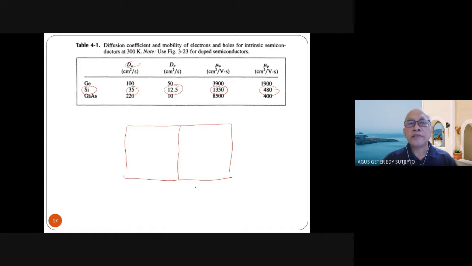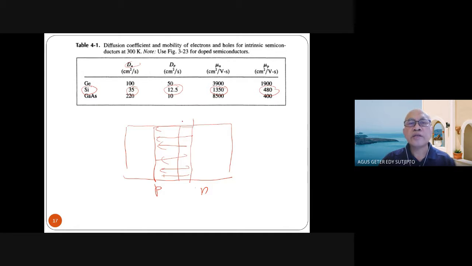When this is N and this is P, and we consider diffusivity, the diffusivity of an electron will be faster. So we can understand logically that the electrons diffuse until this location, but the holes only in this area.